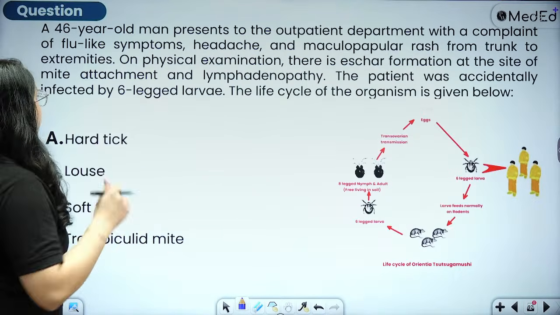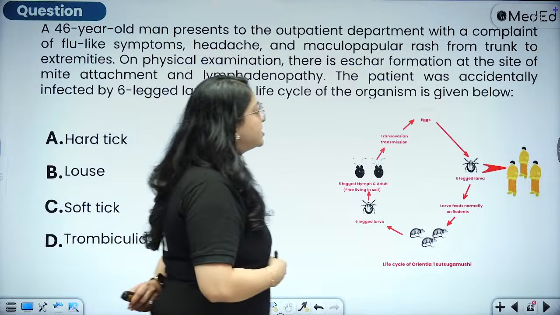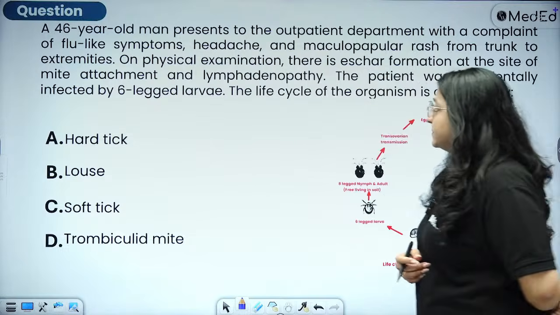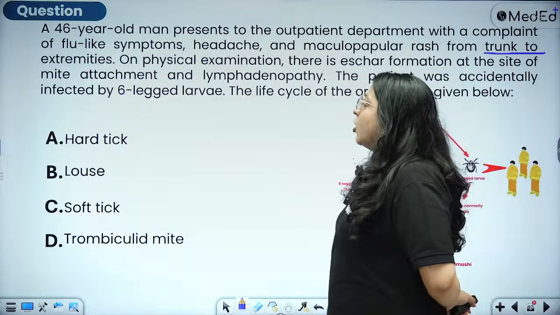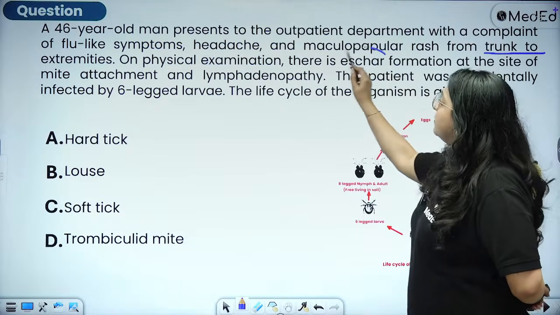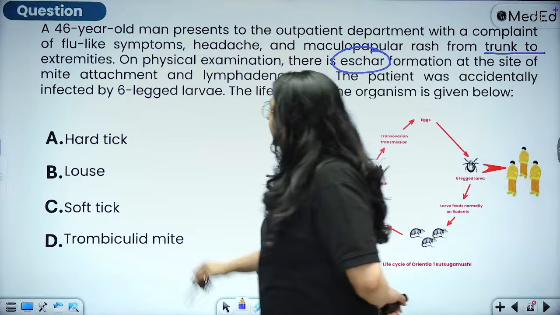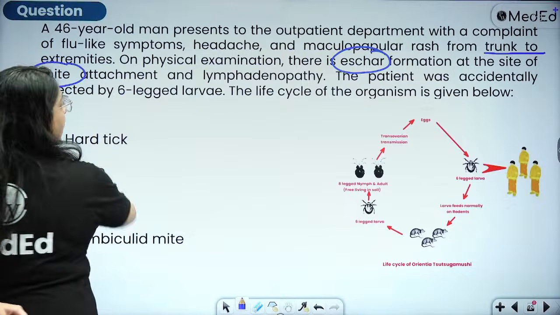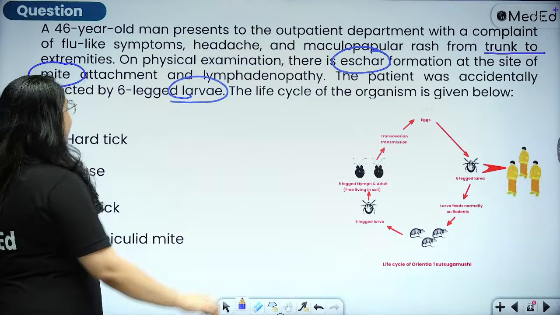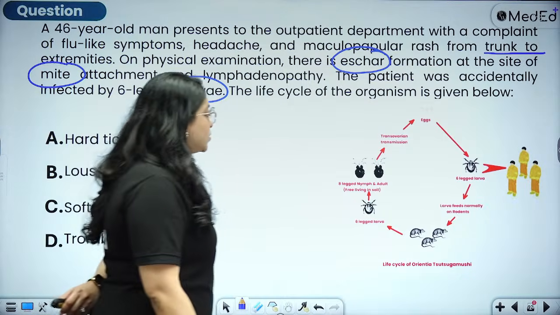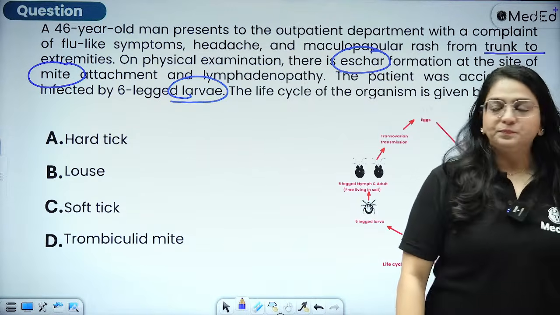Quite simple question. A 46-year-old man presents to the outpatient department with a complaint of flu-like symptoms, headache and maculopapular rash from trunk to extremities. On physical examination, eschar formation at the site of mite attachment and lymphadenopathy. The patient was accidentally infected by the six-legged larvae. Life cycle of the organism is given below. So what is the mite?